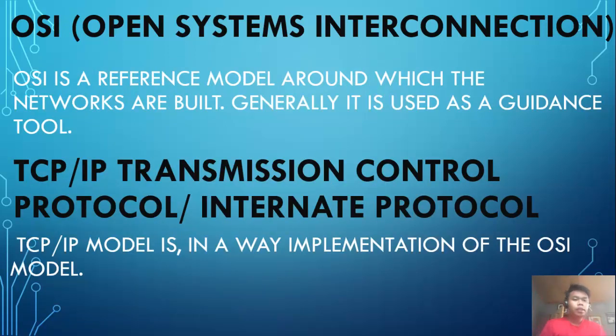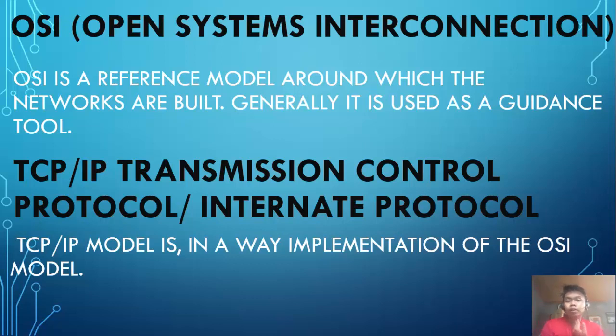So the next is OSI is a reference model around which networks are built. Generally, it is used as a guidance tool, but TCP/IP is in a way an implementation of the OSI model.